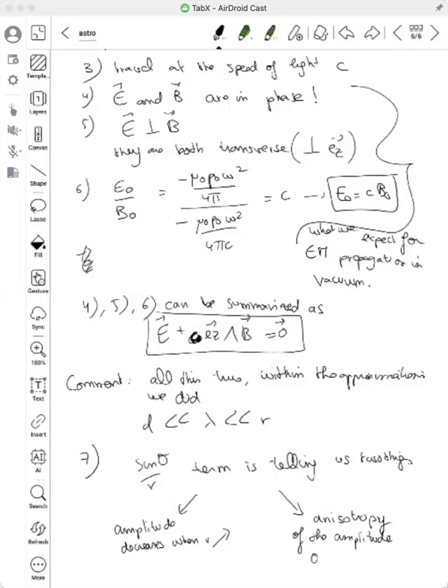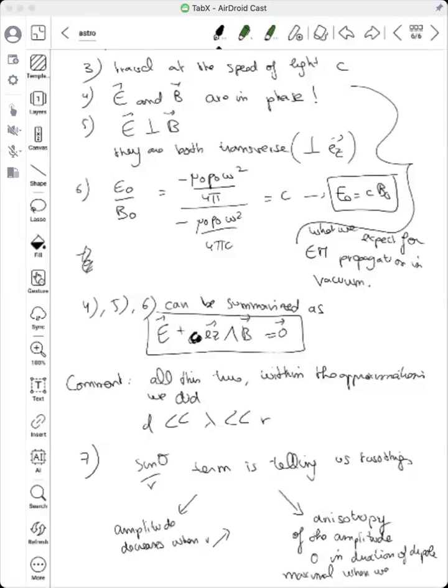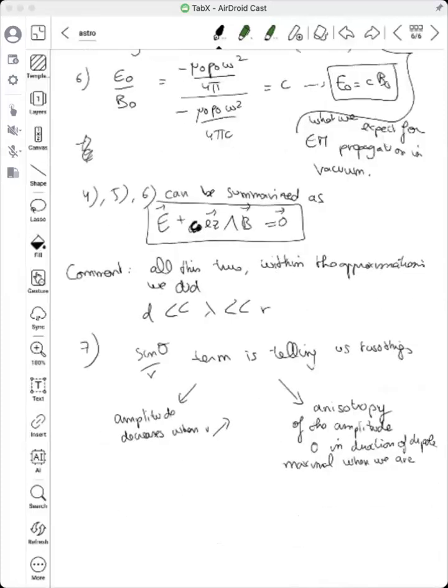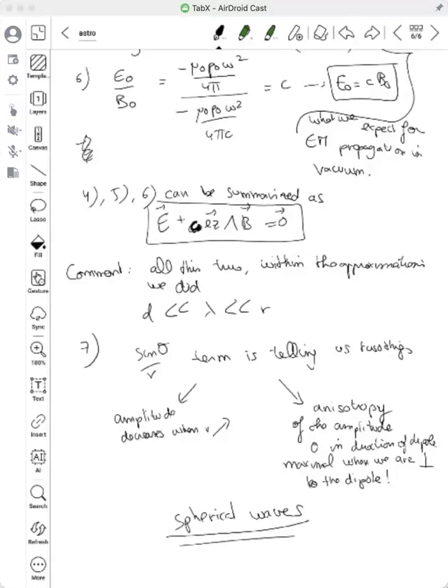When we are aligned with the dipole, I will have no wave at all in the direction of the dipole, and it's going to be maximal when we are perpendicular to the dipole, right? And this is actually a characteristic of spherical waves. Okay, so this is a very important point.